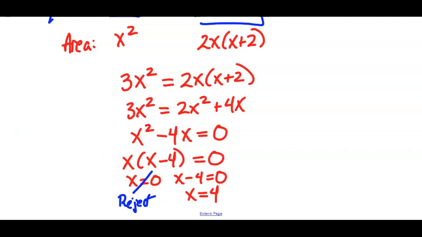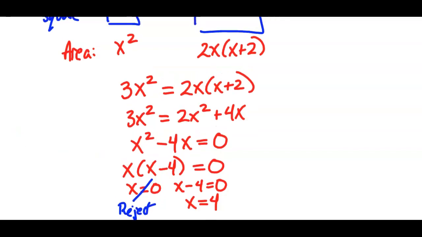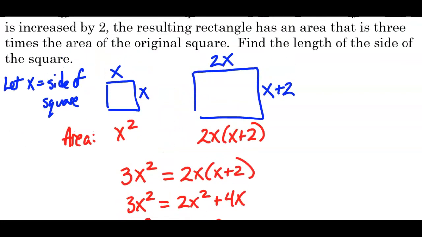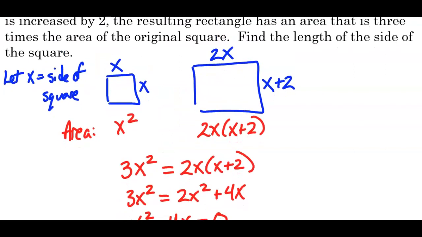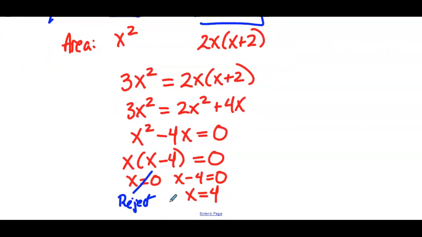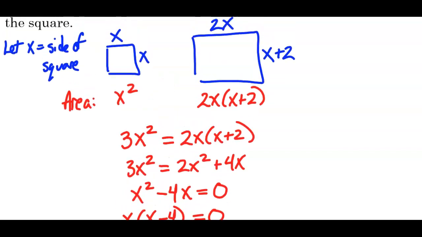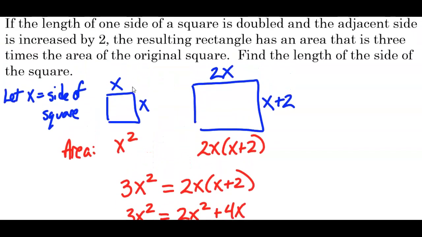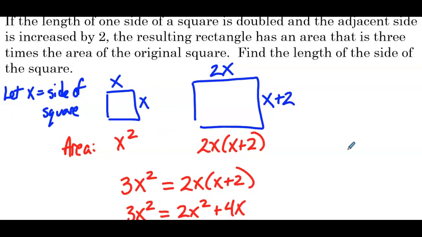That would mean the square has side length of 0. We wouldn't actually have a square. Now, find the length of the side of the square. So, x equals 4. x was the side length of the square. So, 4 units. They don't give us a measurement.